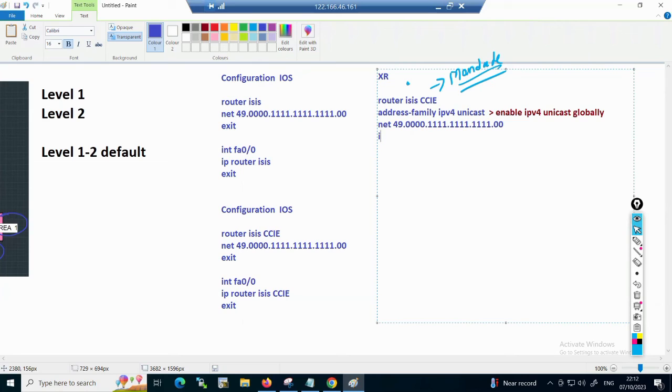And then I'll call the interface GigabitEthernet 0/0/0/0, right? And IP, that's all. And then say the address family, IPv4 unicast. Enable the ISIS to the interface.